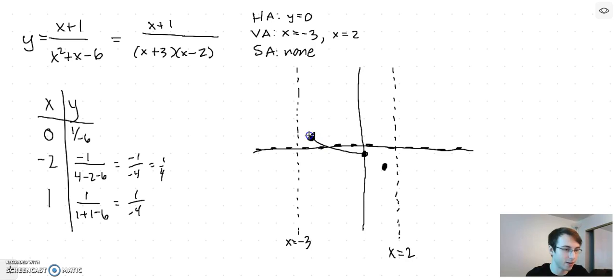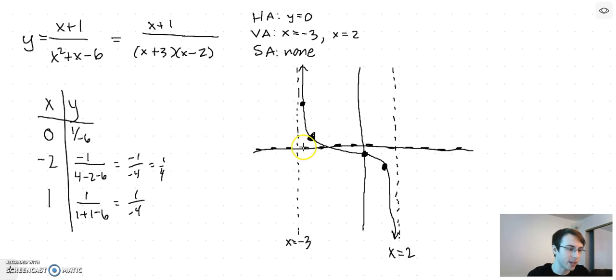It's crossing here, it's going up this way, and it's going down this way. If you didn't see that off the bat, then you could always plug in more points, like plug in negative 2.5, and you'd get something that's like up here, and then it'd be pretty clear at that point.